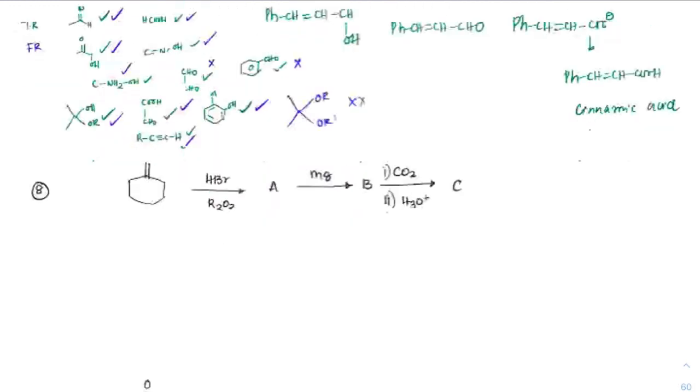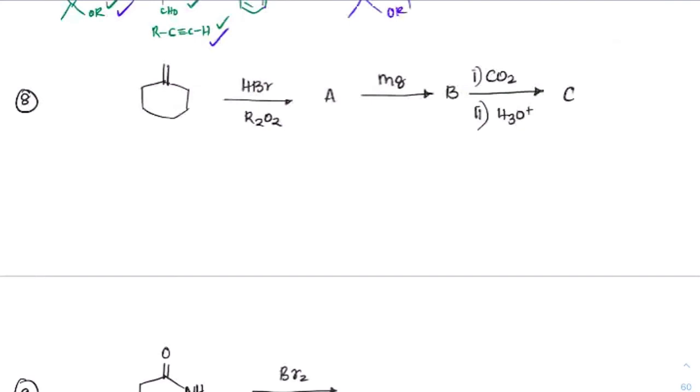Next, see the eighth one now. Alkene, when you treat with HBr, gives anti-Markovnikov addition. So we'll get Br here, and I'll write A, B, C, D properly here.